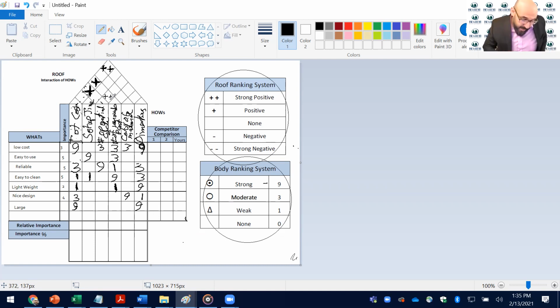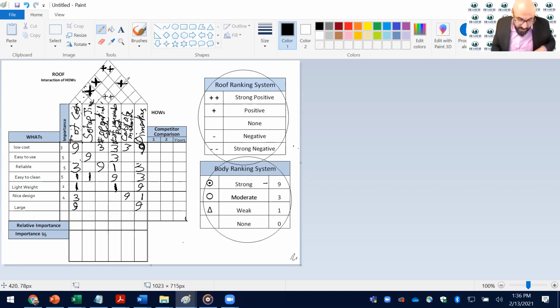Now we're moving into the next one, number of operational cycles and color of material. I don't see any relationship with that. Number of operational cycles and dimensions, I would think there could be some positive relationship. The bigger the microwave, the more reliable it could be. So I'm going to put a positive sign on that intersection, this square here.